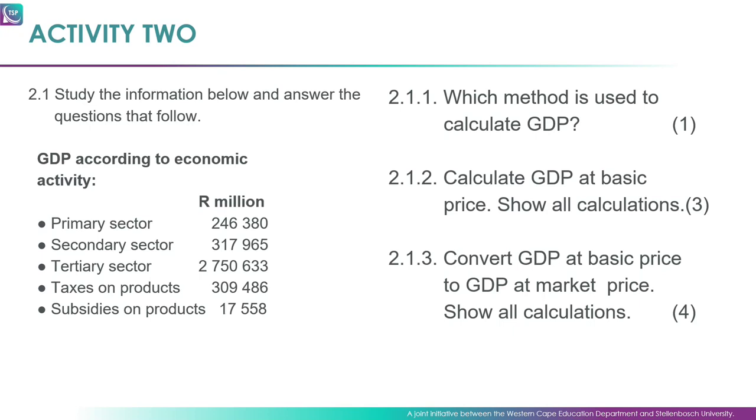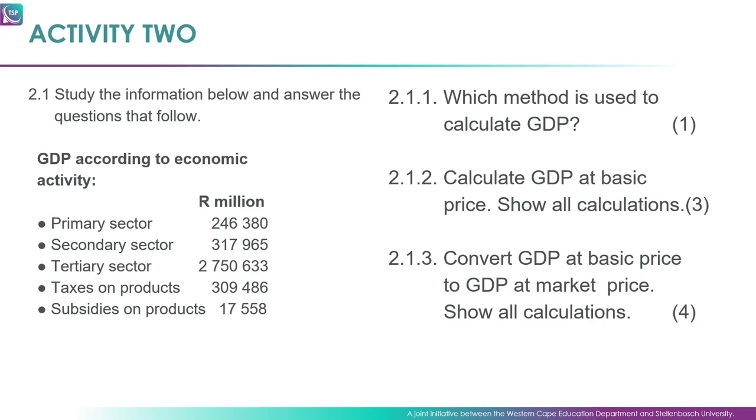And then what learners do is they write out a nice sum for you with all the numbers. But if you look at the next question, 2.1.3 asks, convert GDP at basic price to GDP at market price. And once again, they say to you, show all calculations.